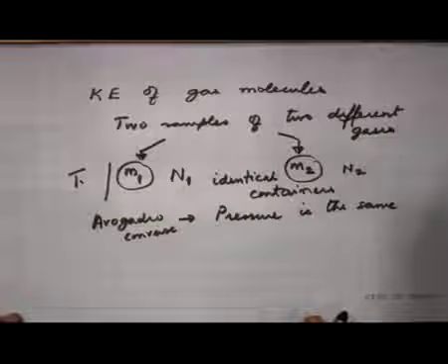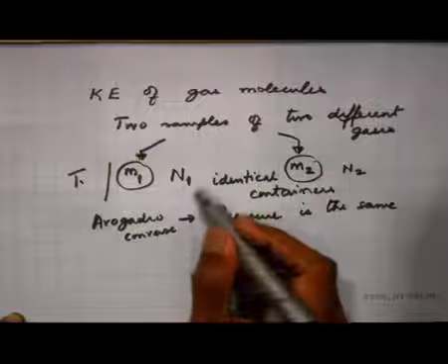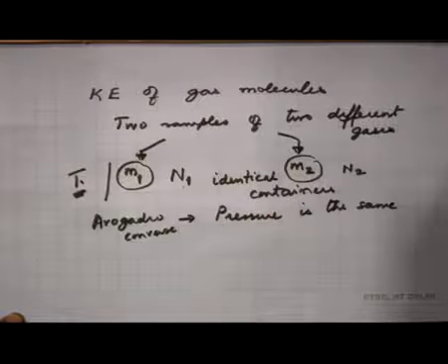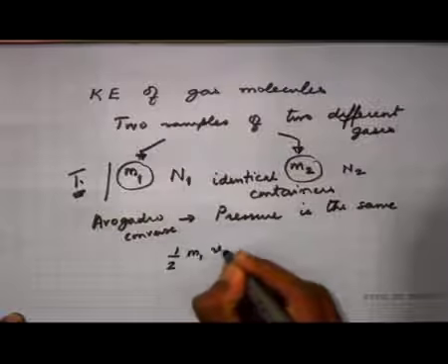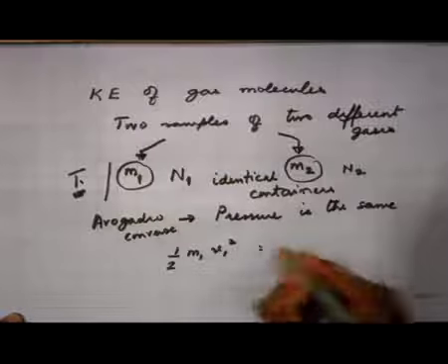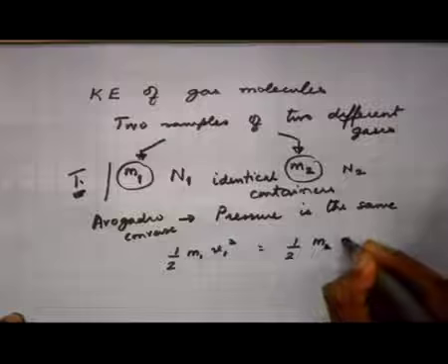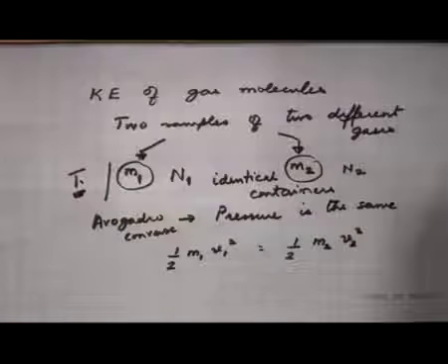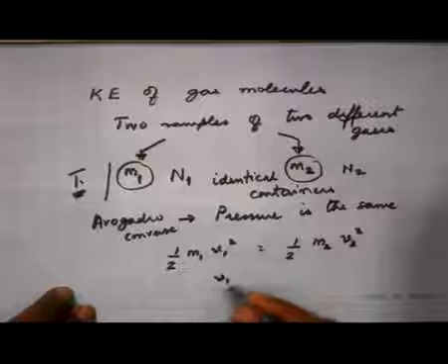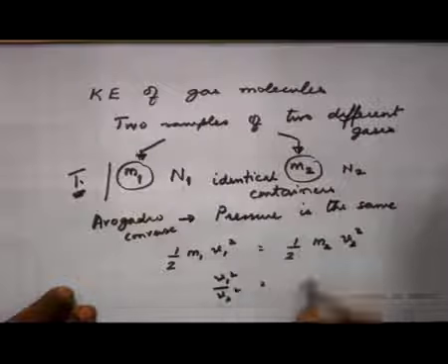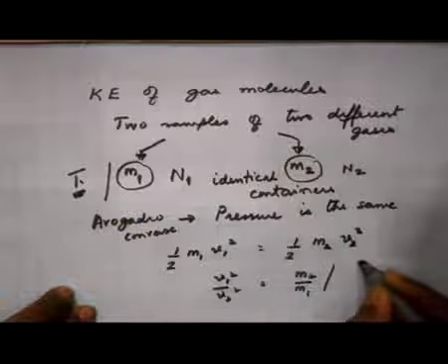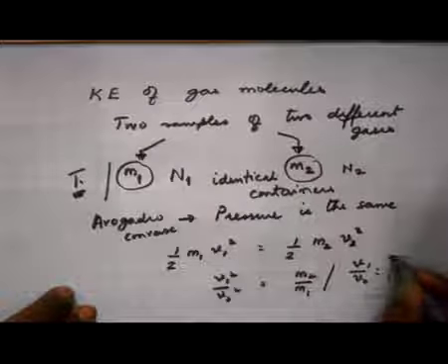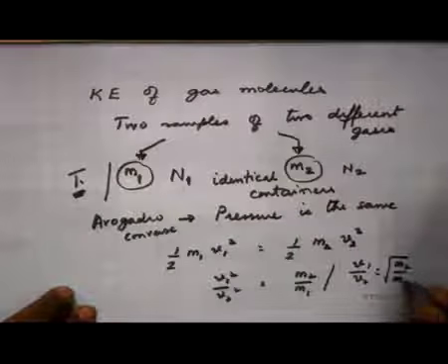And from the postulate of the kinetic theory, we know that the kinetic energy of the two samples at the same temperature has to be the same, which means that half m1 v1 square must equal half m2 v2 square, which implies that v1 square over v2 square is m2 over m1, or v1 over v2 is the square root of m2 over m1.